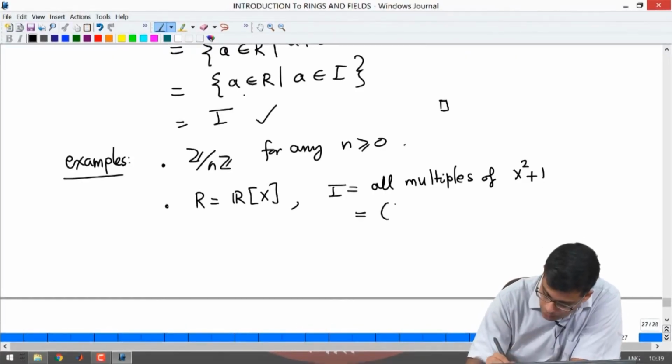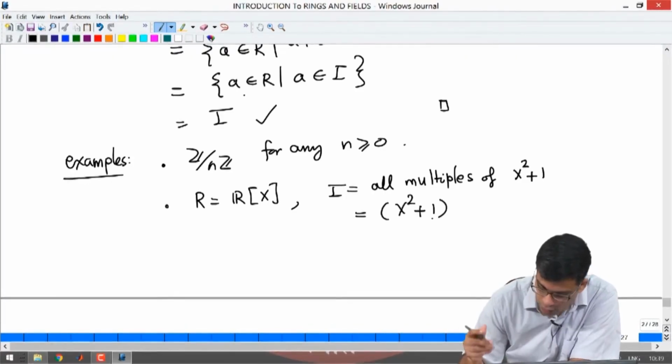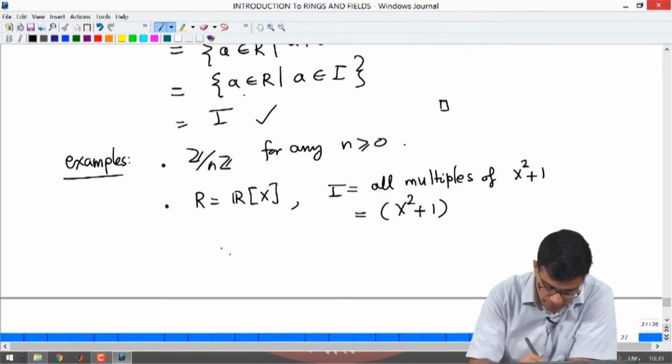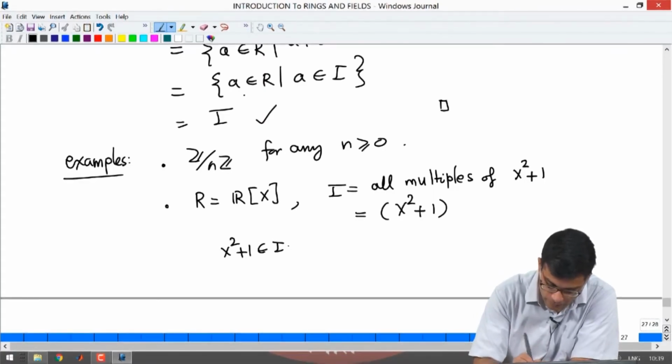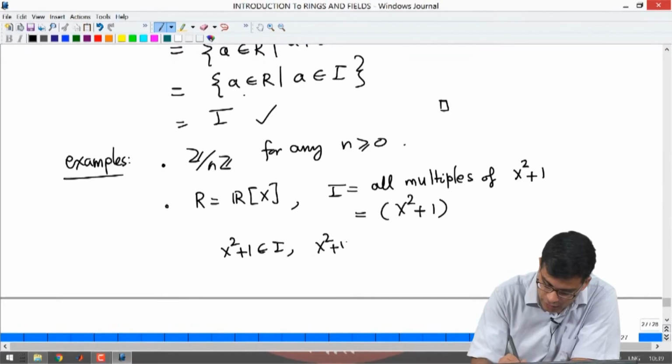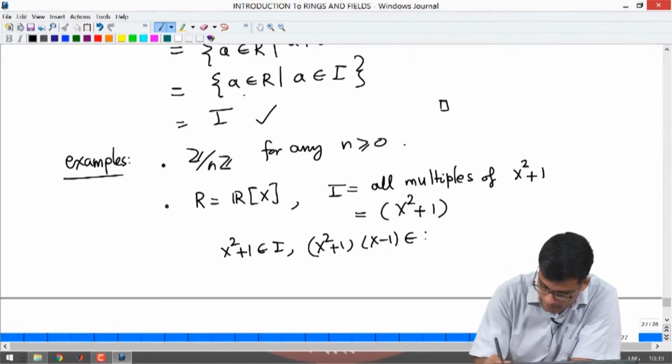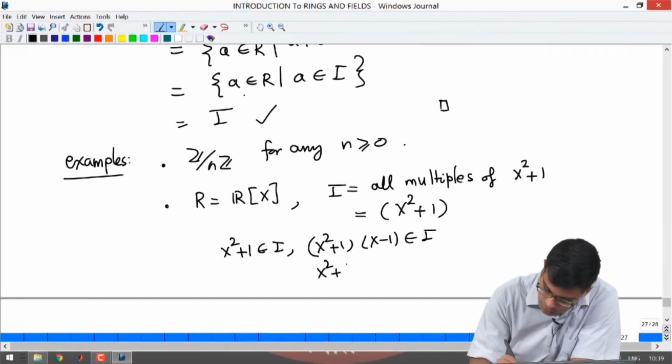So, this is denoted by (x squared plus 1) in round brackets. For example, x squared plus 1 is in I, (x squared plus 1)(x minus 1) is in I, x squared plus 1 times any polynomial in general is in I.